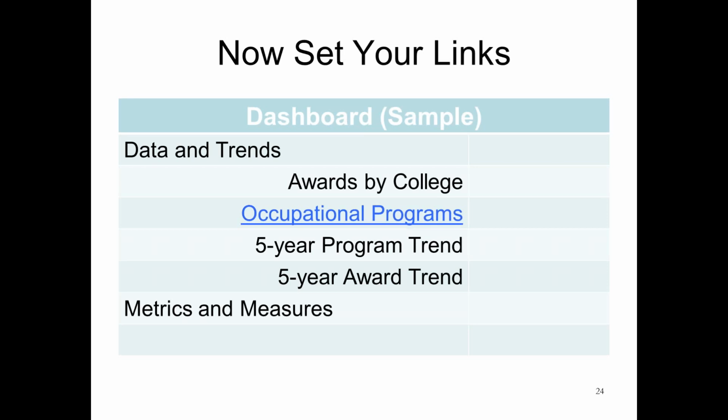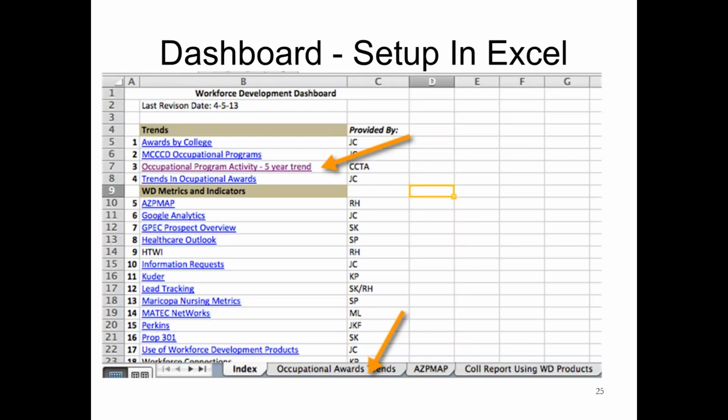So now, occupational programs. I'm now going to actually start creating my dashboard. I'm going to create a link to the other part of my Excel spreadsheet, which has information about occupational programs. I'm in Excel. All of us use Excel to some level. I'm not very good, I have to tell you the truth, or else you can find somebody that can help you.